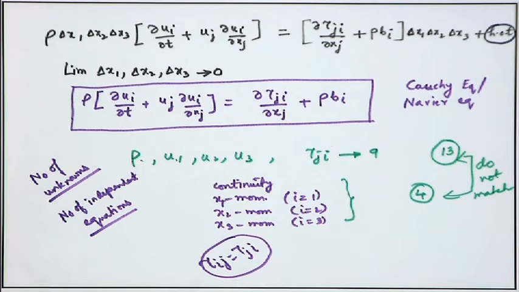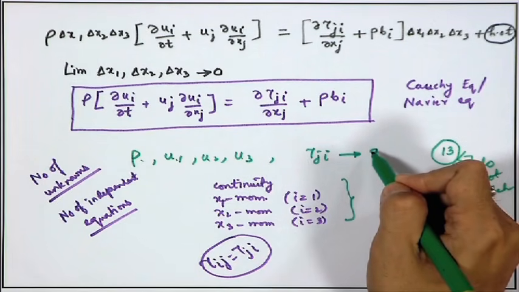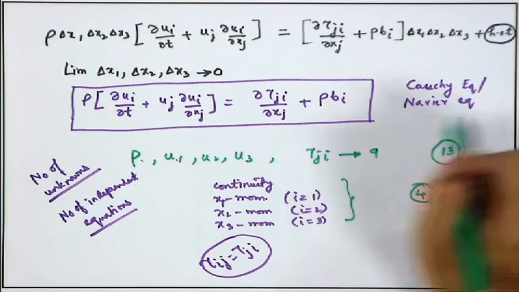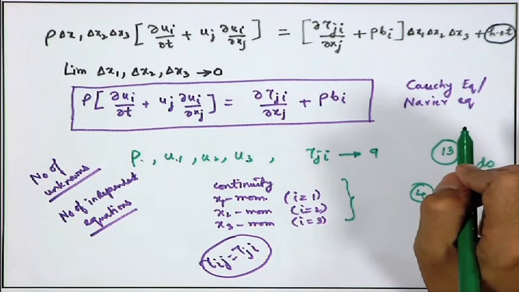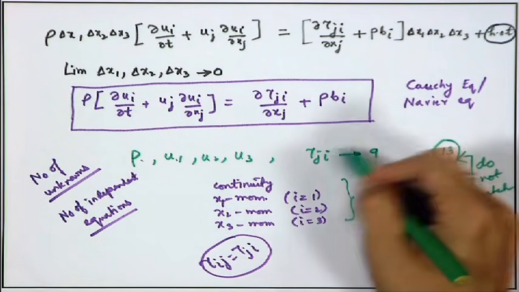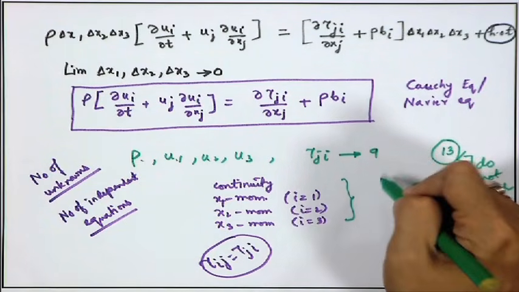With this proof, the number of unknowns gets reduced. Out of these 9 tau ij, only 6 are independent, because tau 1 2 is equal to tau 2 1, tau 1 3 is equal to tau 3 1, and tau 2 3 is equal to tau 3 2.